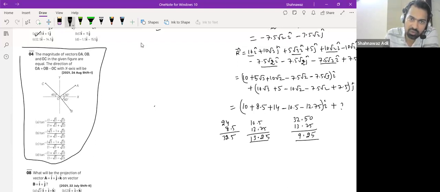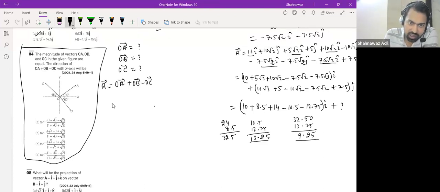Let me give you a hint: you need to find out the resolution of the OA vector, the resolution of the OB vector, and the resolution of the OC vector. You find that, and then you calculate OA plus OB minus OC. What is that vector, right?